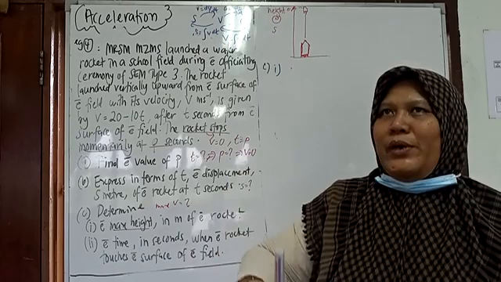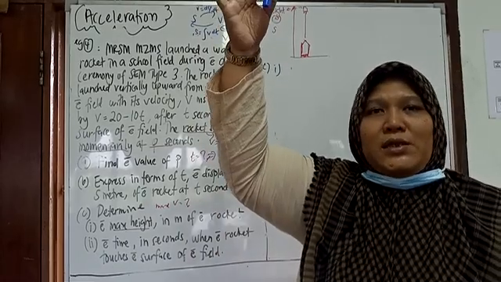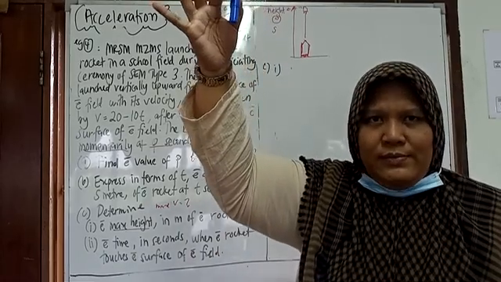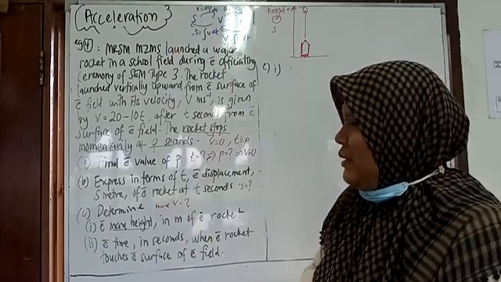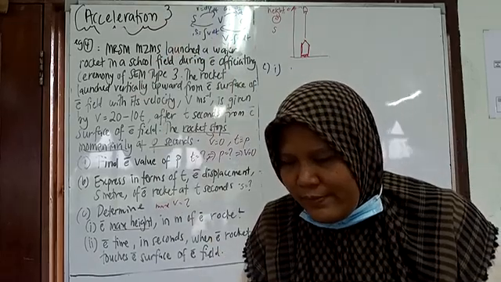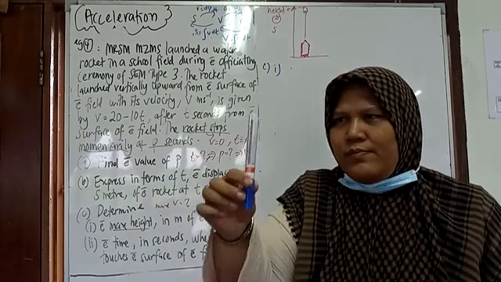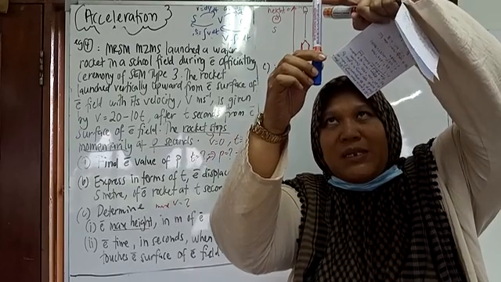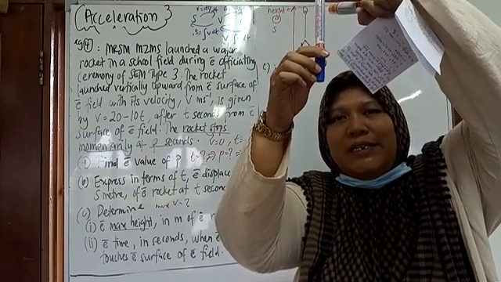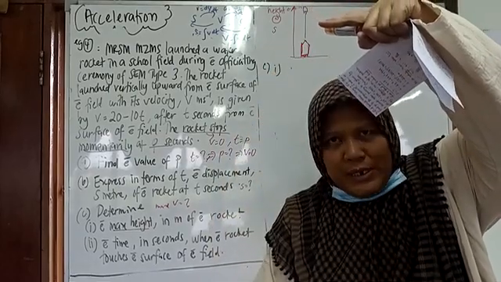the rocket will stop momentarily. Just imagine the rocket goes up, reaches maximum height, stops momentarily, only then it will go down again.